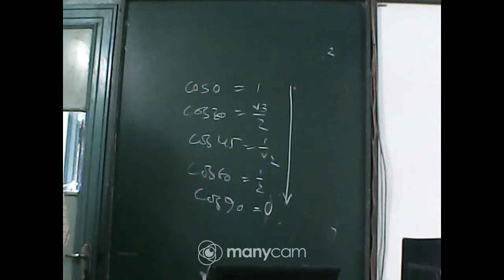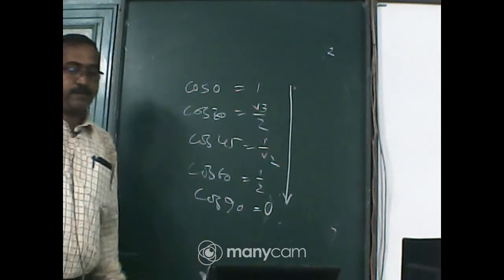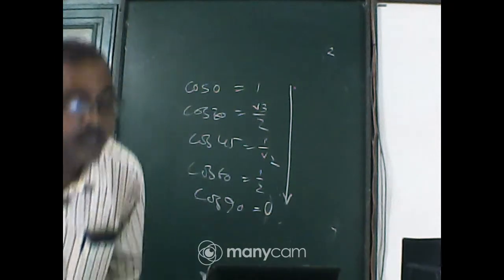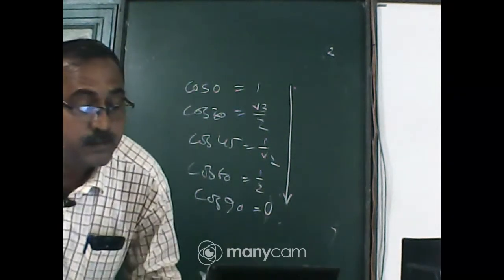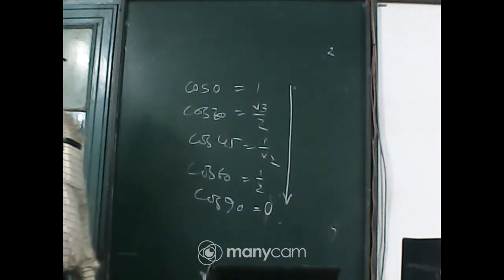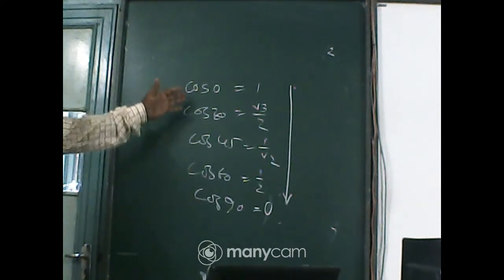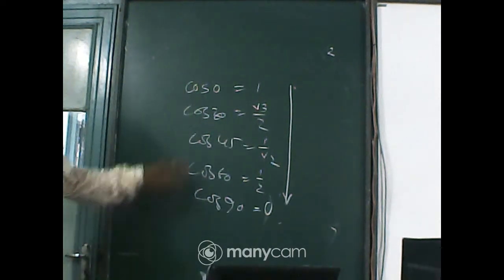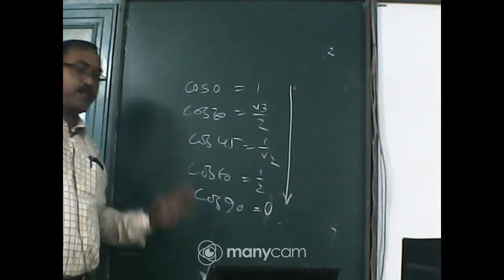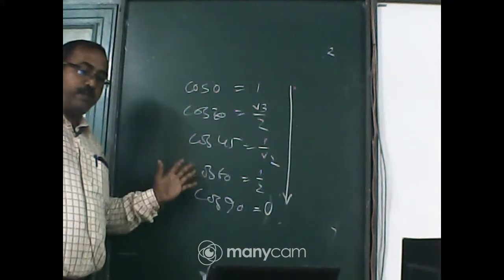Yes or no? You check it. Gradually the values decrease. You know it, it is in class 10. The values are in class 10. So you check it: if theta is more, the value is less for cos, and for the sine function, if theta is more, the value is more.